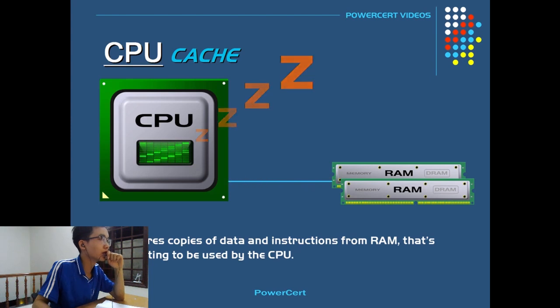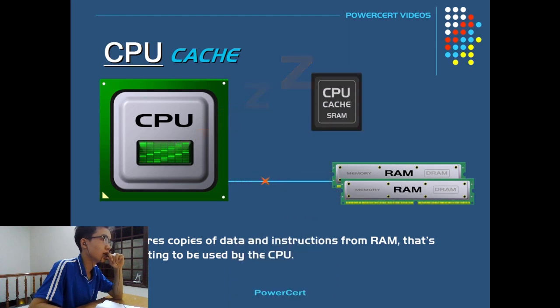Now, a computer can run without the CPU cache, but it would be a lot slower, because even though RAM is becoming faster, it still can't feed the CPU data fast enough, because CPUs have gotten so fast that a lot of the time the CPU is waiting around doing nothing while it waits for more data.